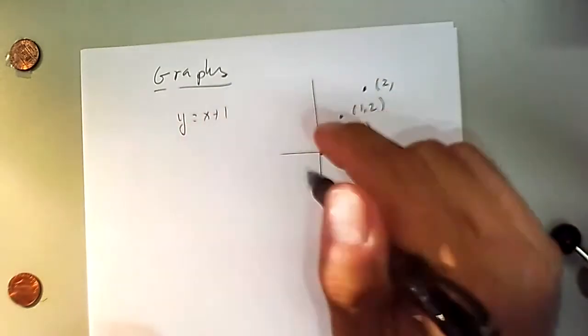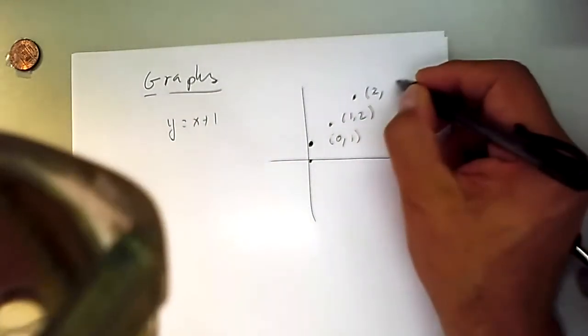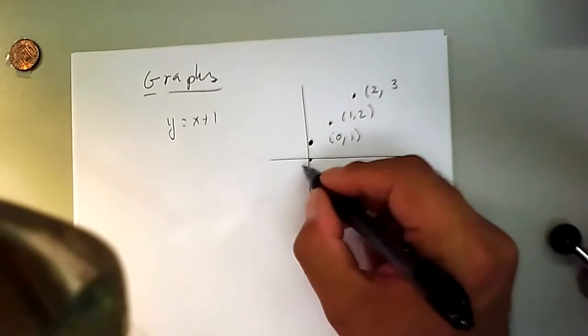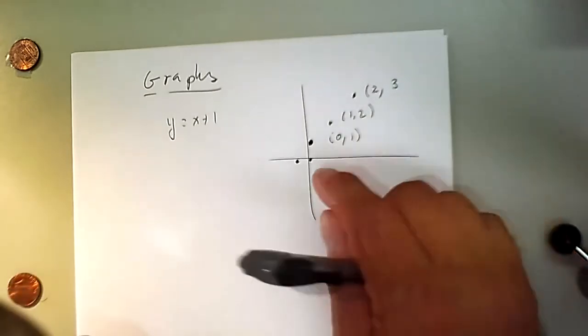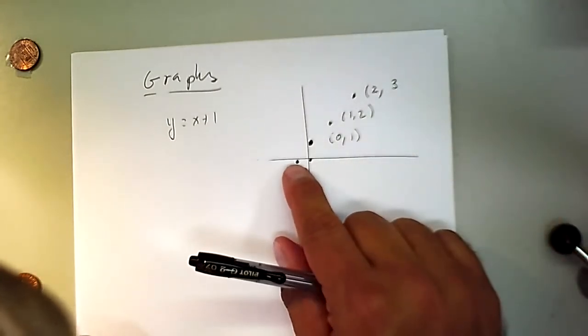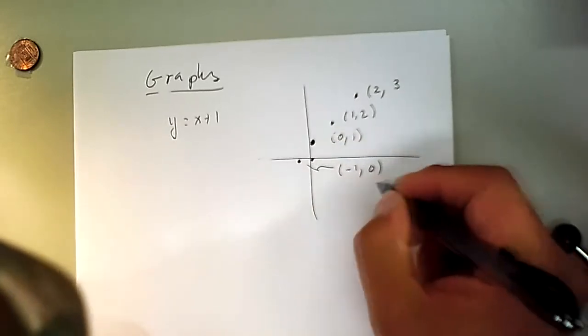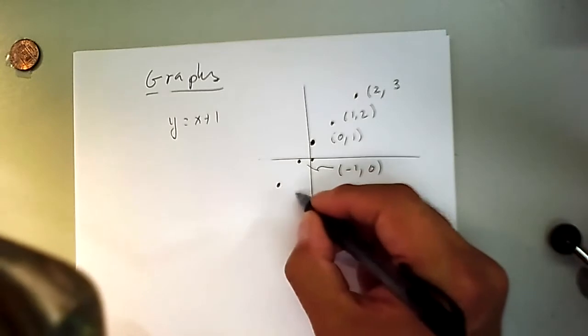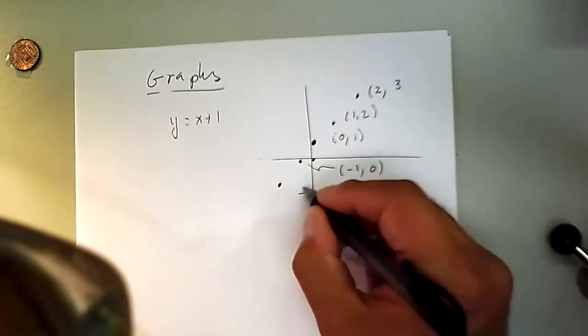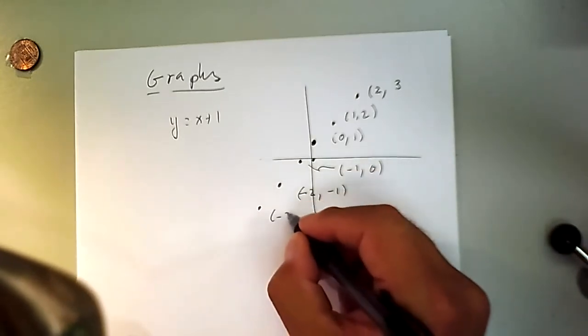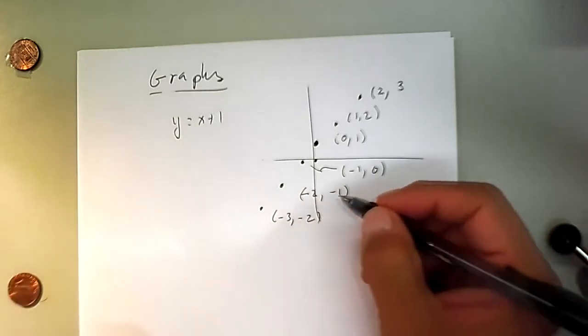And then if x is negative 1, well, 1 more than negative 1 is 0. So we have (-1, 0), and then (-2, -1), and then (-3, -2), and so forth.